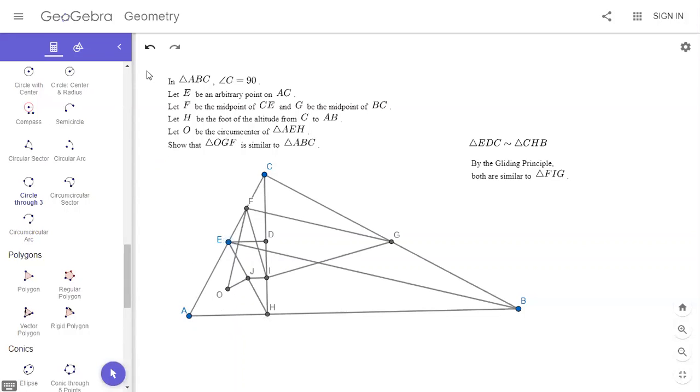No. Yeah, how do we use that O is the orthocenter, or O is the circumcenter?